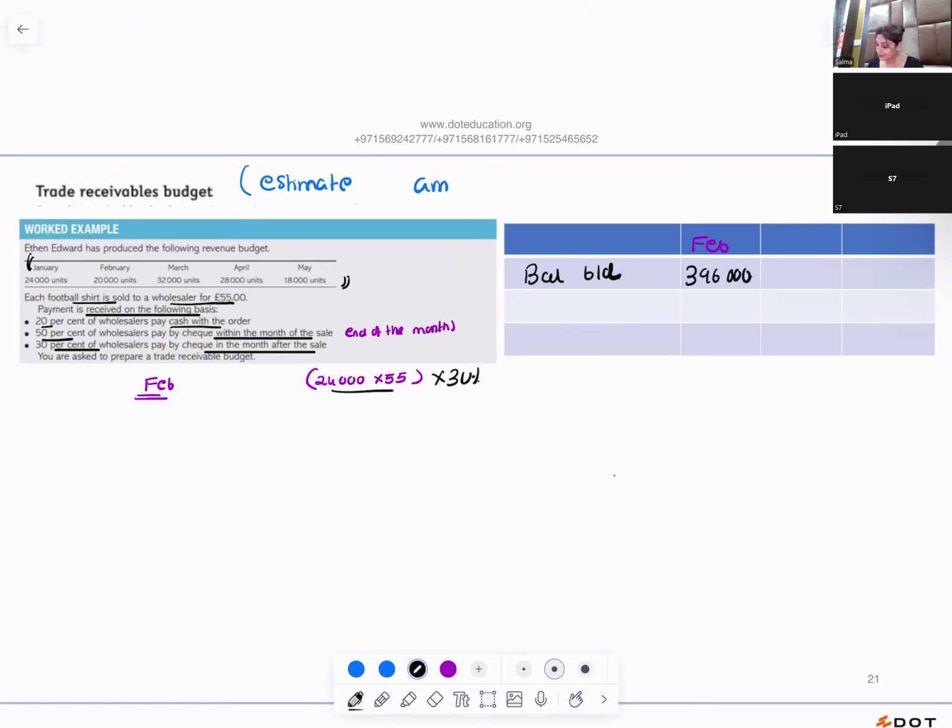Now, what have you sold in February? We cannot calculate for Jan because I don't have anything before it. So I will calculate for Feb, March, and April.